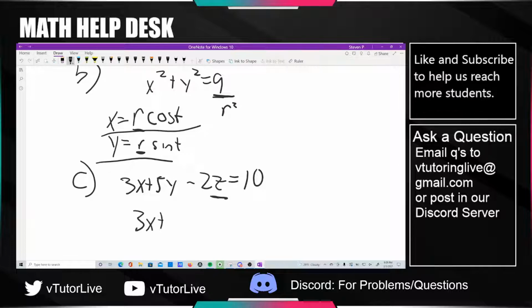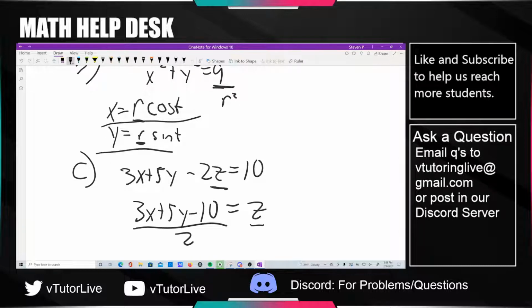This turns into 3x plus 5y minus 10 is equal to 2z, and just divide that by 2 to isolate the z. But the idea here is you have this expression for z, and it's like, oh man, this is kind of a little nasty, right? But at this level of math, sometimes even if things are uncomfortable, you just got to charge ahead and go with the calculation and maybe try to visualize it or do a sanity check afterwards, right?